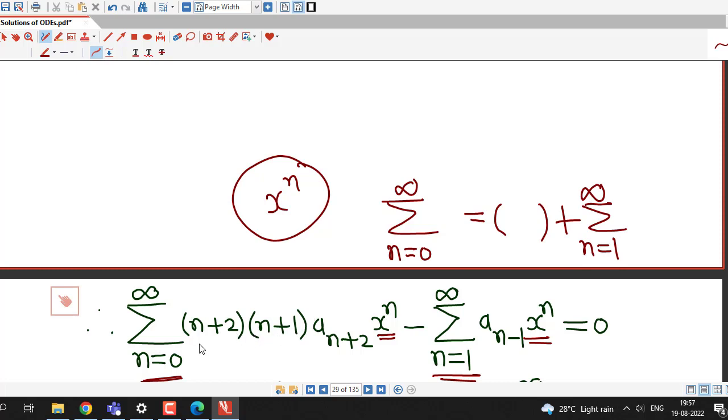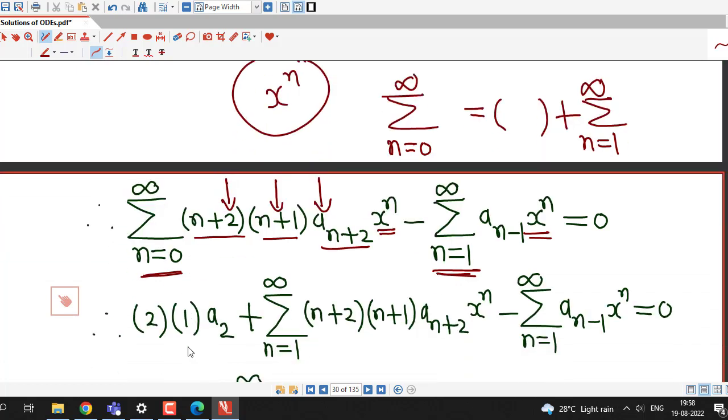So first I will take n equal to 0 and I will write down the term corresponding to n equal to 0. If I take n equal to 0, I will have 2 here, here I will have 1, here I will have a2, and x raised to 0 is 1, and plus this summation but n starting from 1 to infinity, because here n is starting from 1 to infinity. So I am taking term corresponding to n equal to 0 outside, or as in the addition.